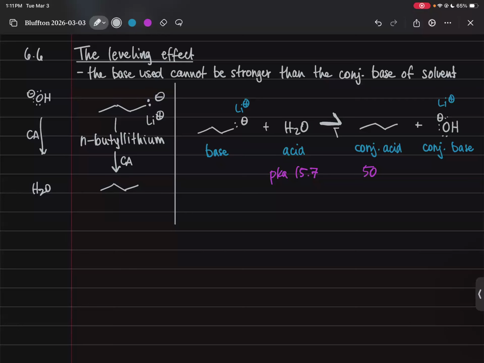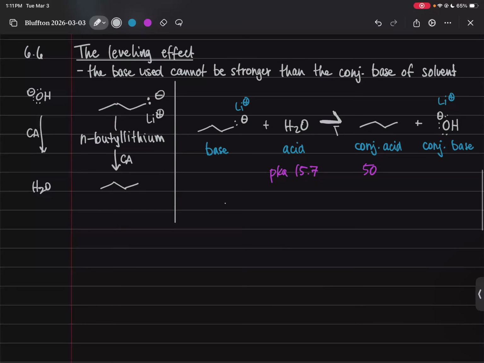You're going to produce the conjugate acid, which is butane, which at the temperature that this gets to is a gas, and so that blows your apparatus apart. And a nice stable conjugate base in the form of hydroxide, lithium hydroxide in this case.